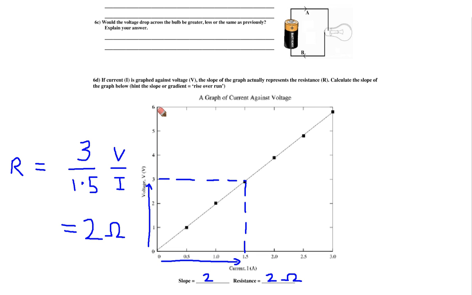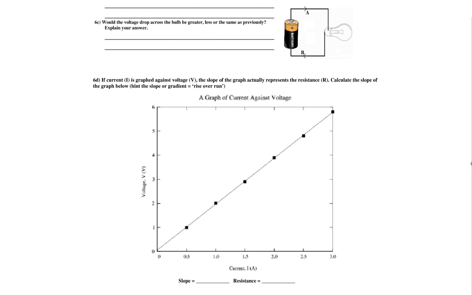We could have done 6 and come across and gone, well, we've got 6 volts, we've got almost 3 amps. And so we'll do 6 divided by 3, and that would give us the same answer, 2, as well. So you just take the voltage at any point divided by the current, and you should get the resistance. So you can use Ohm's law. You don't actually have to remember the graph separately.